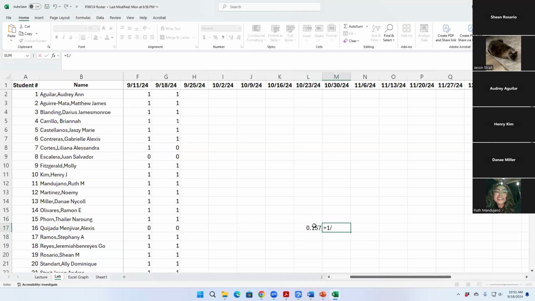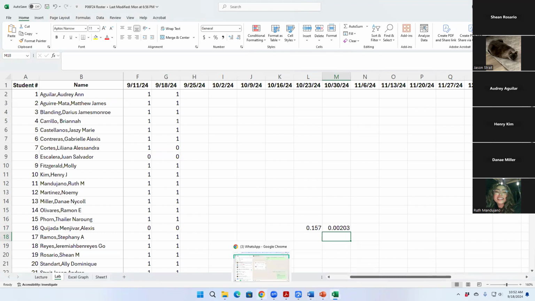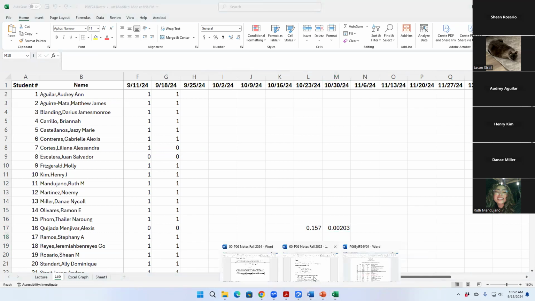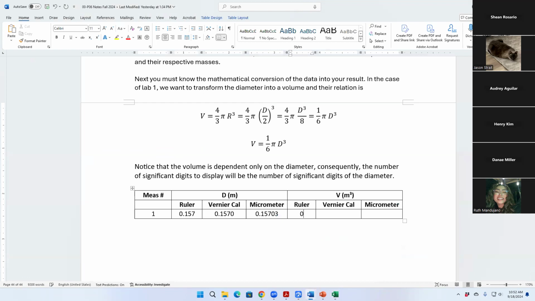The volume is 1/6 times pi times this to the cube. And look what I get. 0.00203. That's the volume I'm getting, 0.00203 cubic meters.